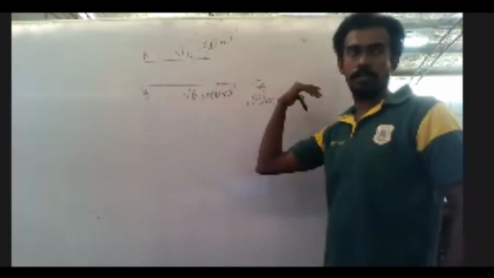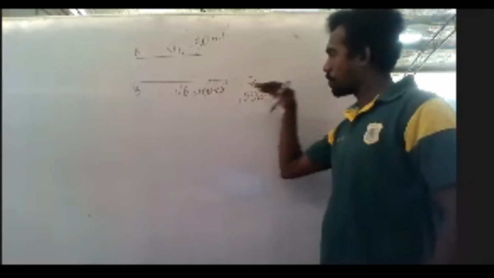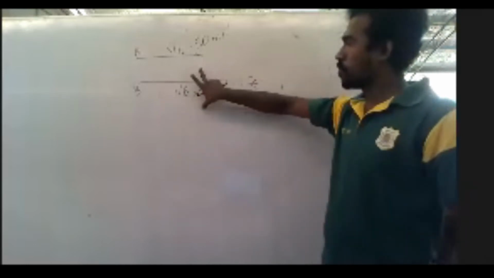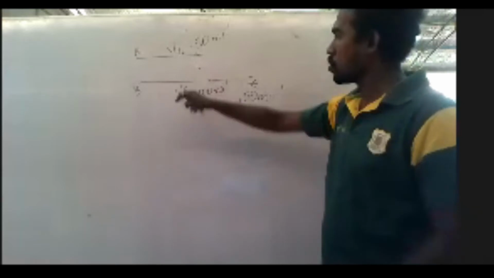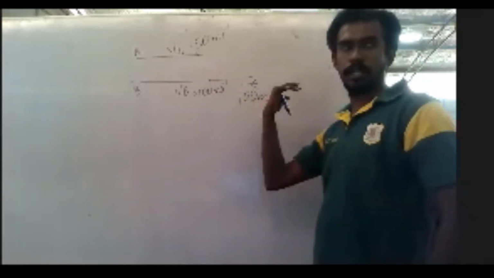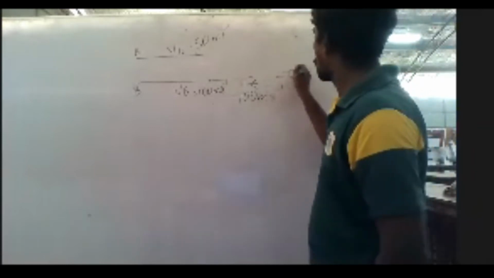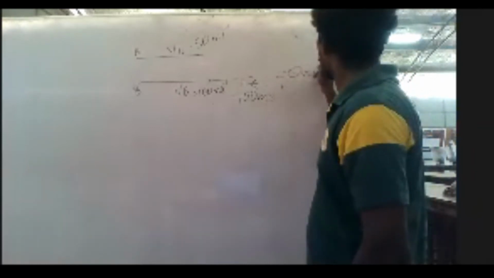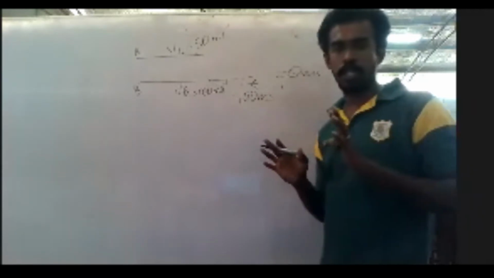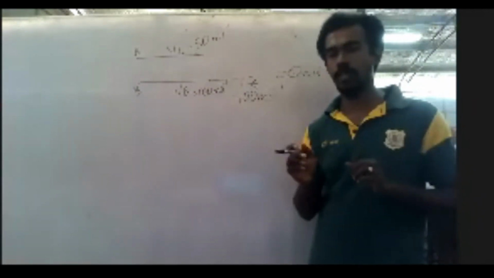With 100 meter per second each way, the resultant is 0. Now I have stopped body B.